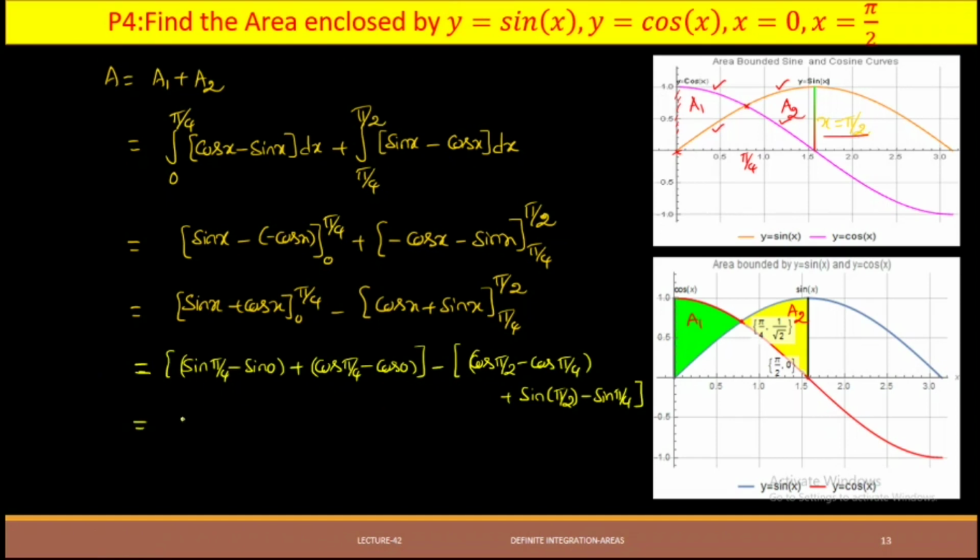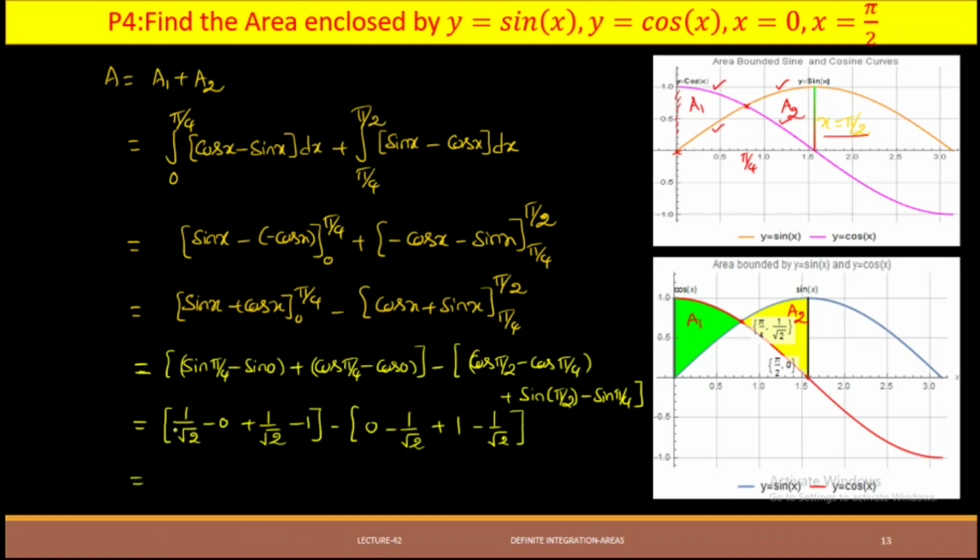Now I'll write down these values. Sin pi by 4 value is 1 by root 2 minus 0, plus cos pi by 4 value is 1 by root 2 minus 1. So this is one set of values. And cos pi by 2 is 0, minus cos pi by 4 is 1 by root 2, plus sin pi by 2 is 1, minus sin pi by 4 is 1 by root 2.